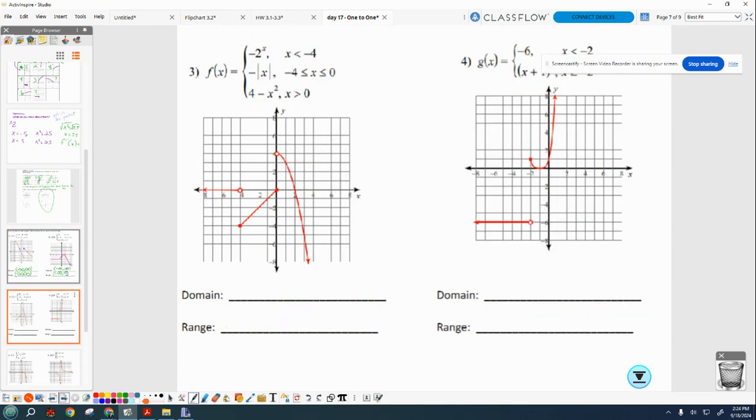Can someone do these guys? So these are like sewing. You seen that joke?